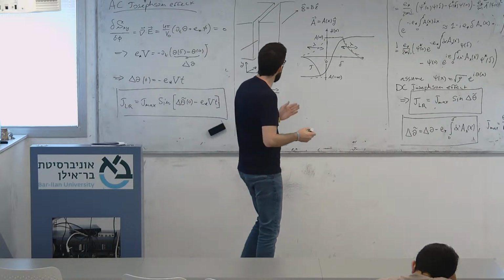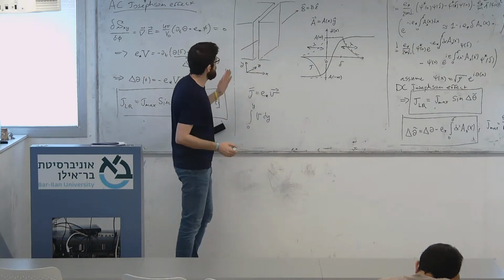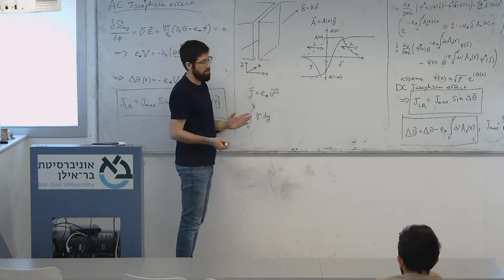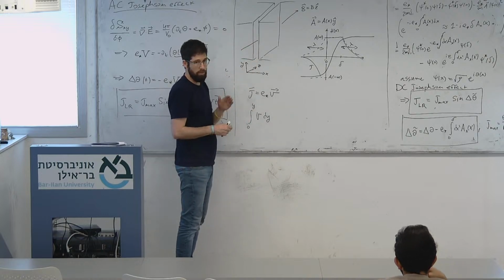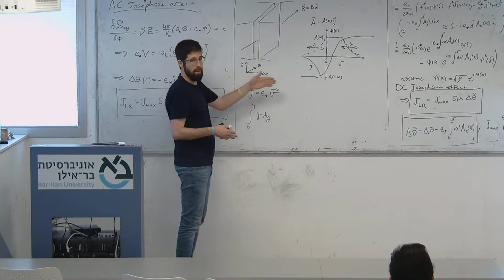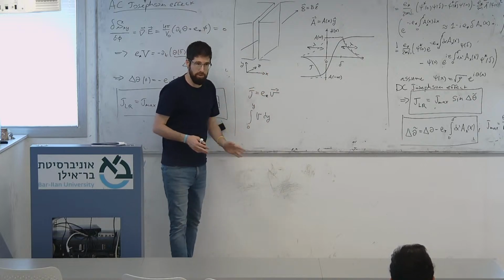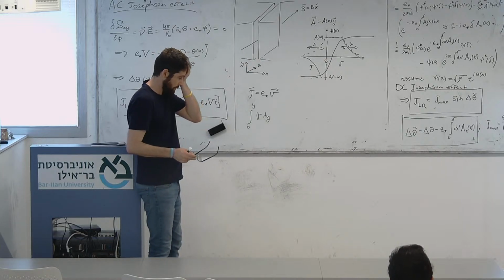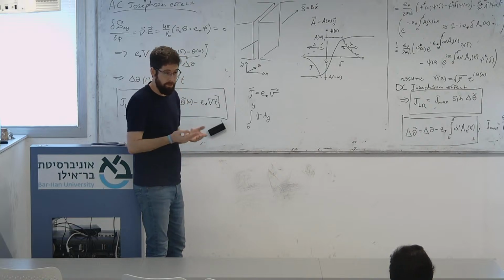Remember that we want to screen the magnetic field. So in order to screen a magnetic field in the z direction, in which direction are the currents flowing? The screening currents. In the y direction. In the y direction, right?